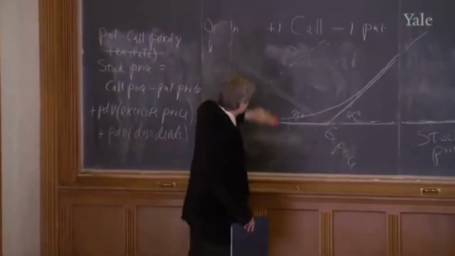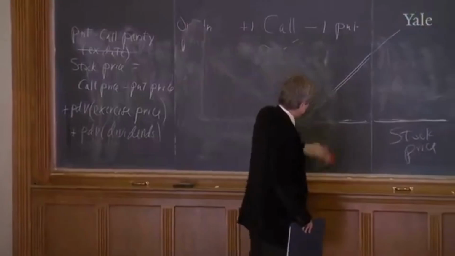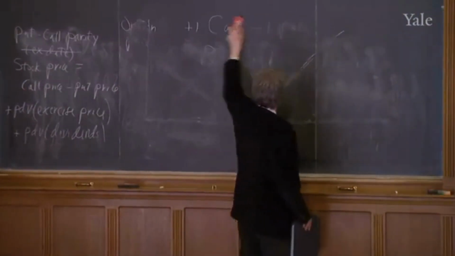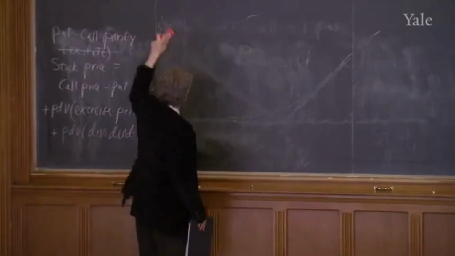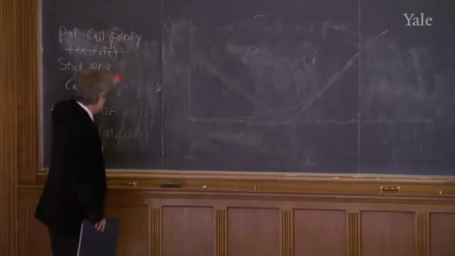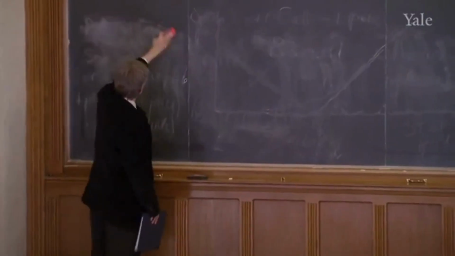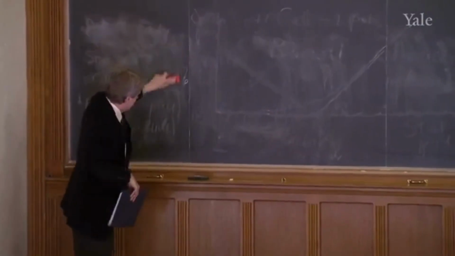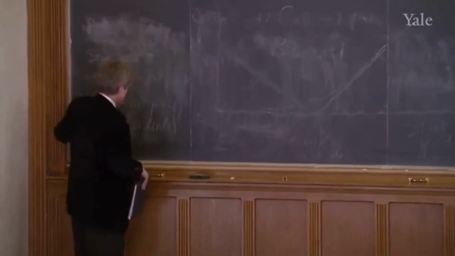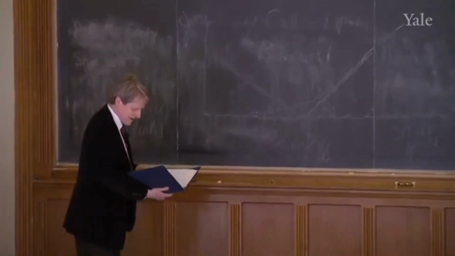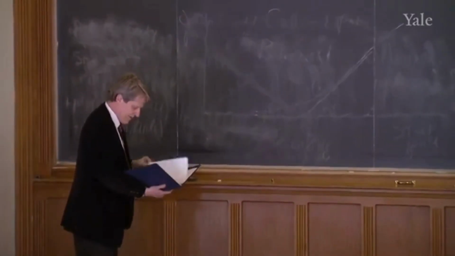So let's now talk about pricing of options. The main pricing equation that we're going to use is the Black-Scholes option pricing equation. But before that, I wanted to give you a simple story of options pricing, just to give you some idea how it works.